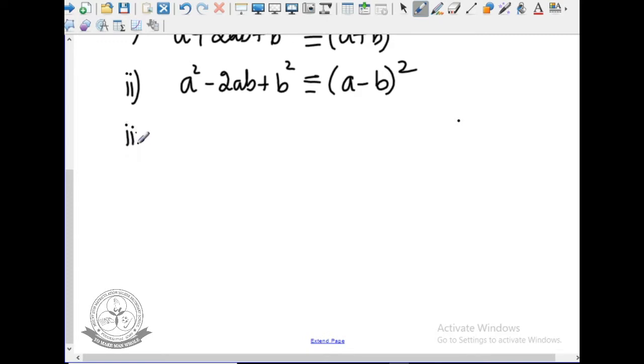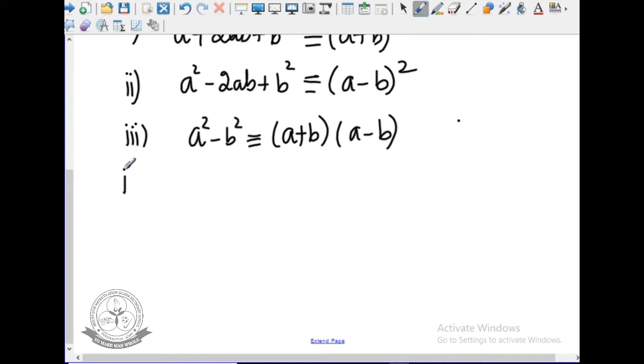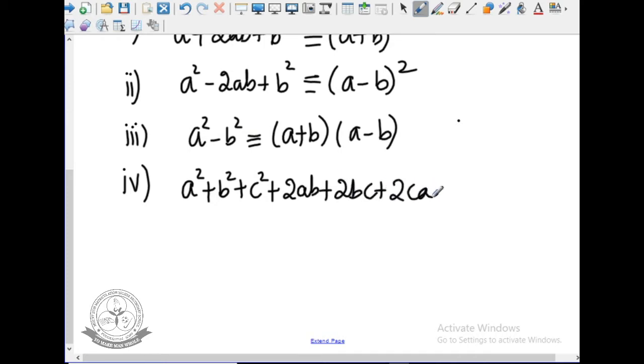Then the third one, a square minus b square is identically equal to a plus b into a minus b. Then the fourth one, a square plus b square plus c square plus 2ab plus 2bc plus 2ca is identically equal to a plus b plus c whole square.